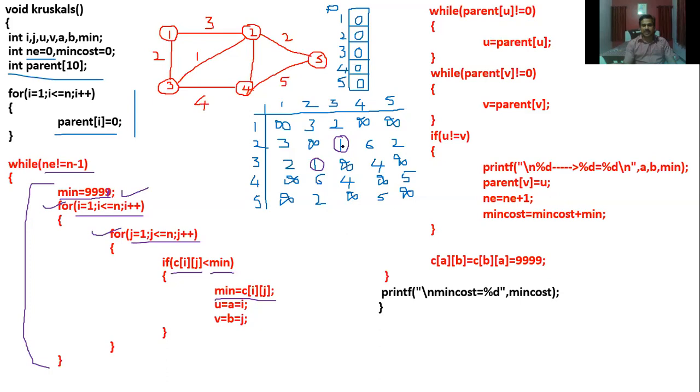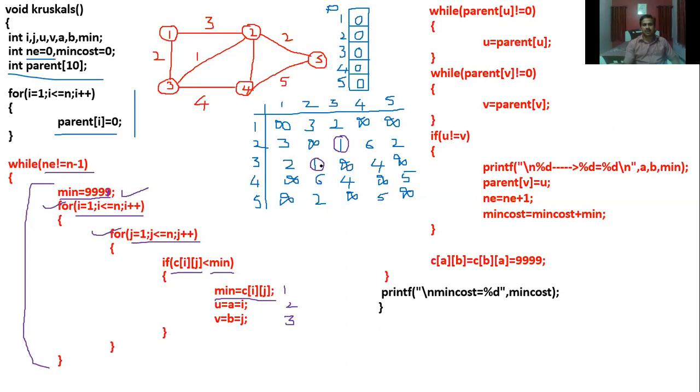So I think here in this case, I'm going to get the minimum value at field 2, 3, right? In 2, 3, I'm going to get a minimum of 1. So that means the minimum value will be 1, and U or A will be 2 and B will be 3, right?